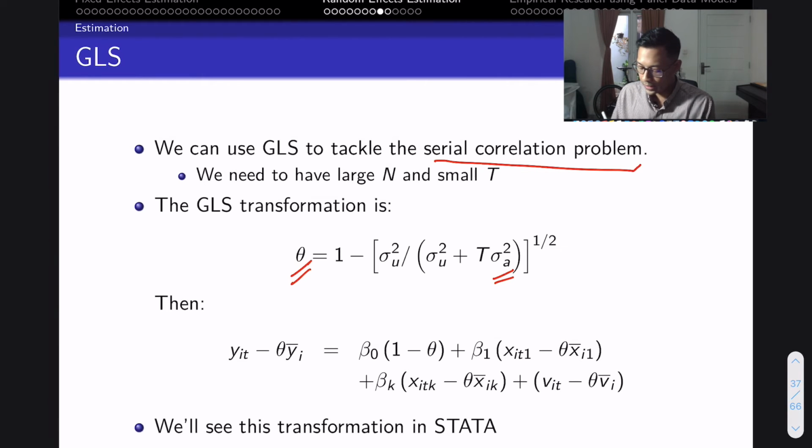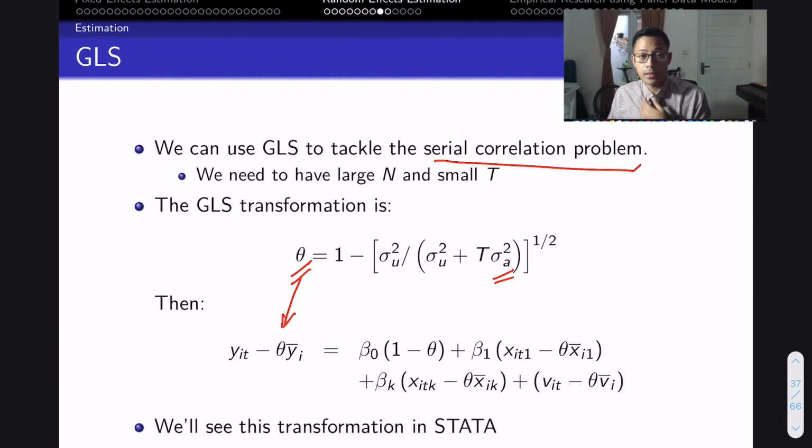You have y_it minus theta y bar. Y bar is going to be the average across periods, and then beta 0 times 1 minus theta, and then you have beta 1 x1 minus theta x bar. Again, x bar 1 is going to be the average value of x1 across time, and so on. We'll see this transformation later in Stata.